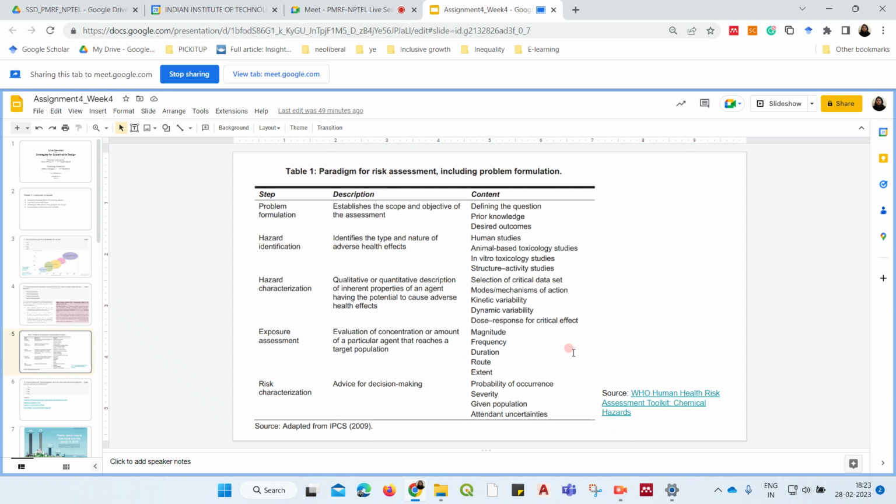So it has several steps. Like problem formulation, hazard identification, hazard characterization, then assessment of the exposure, and then risk characterization.